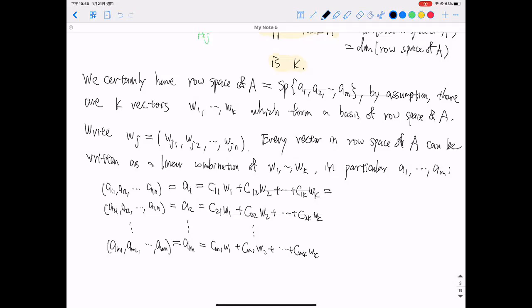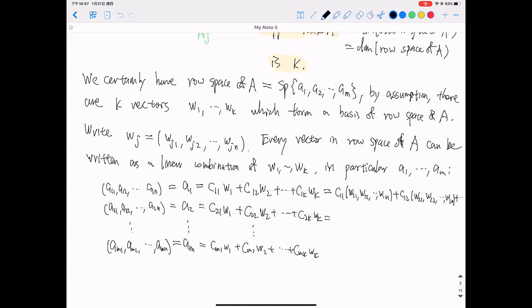On the right-hand side, we have something more complicated. For example, in the first equation, we have C11 times W1, where W1 is written as W11, W12, ..., W1n, plus C12 times W21, W22, ..., W2n, and so on.